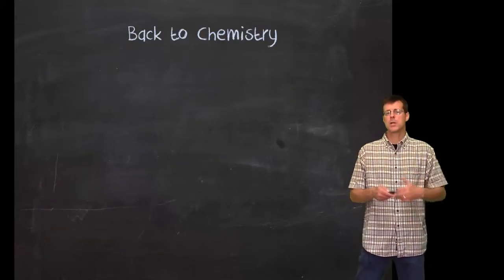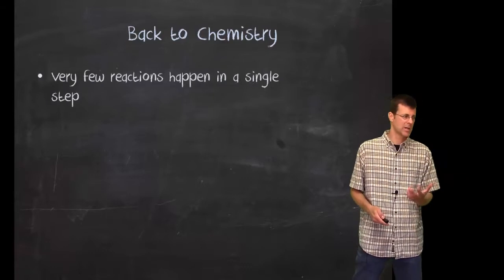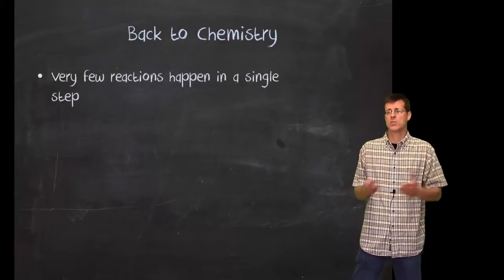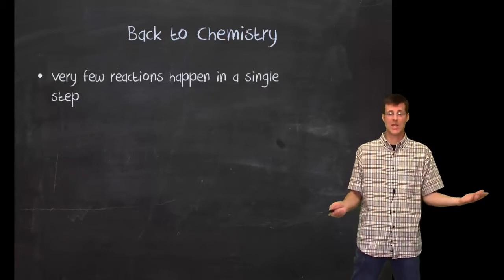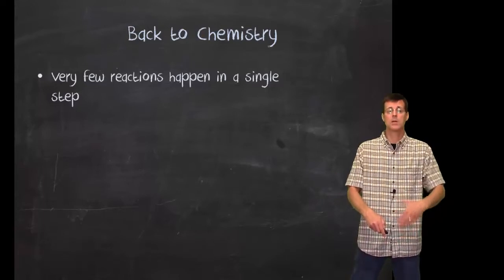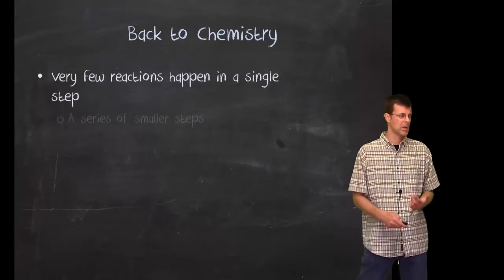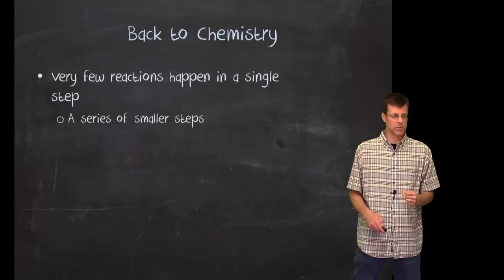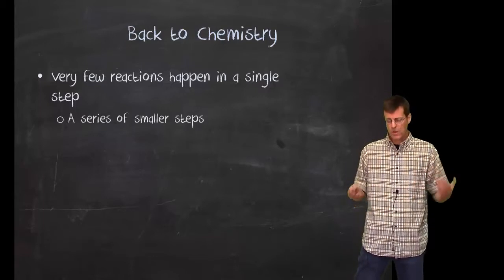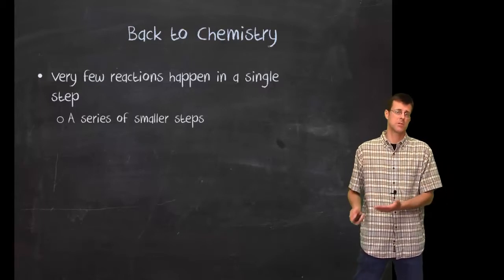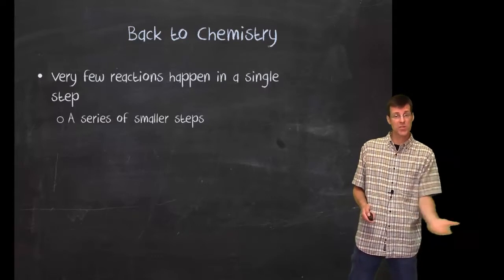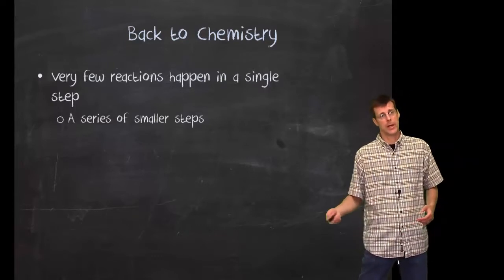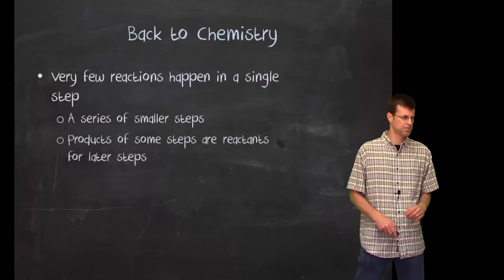What we need to understand about chemical reactions, because that's what we're talking about, is that very few chemical reactions happen in a single step. In the same way you can't make a sandwich all at once, you have to do it in individual steps. Same is going to be true for chemical reactions. They, like sandwiches, are going to be a series of smaller steps that when you're done with the steps, you're going to have the overall reaction.